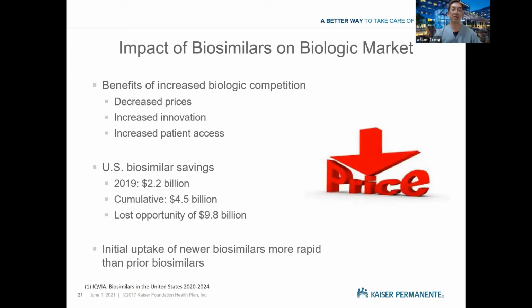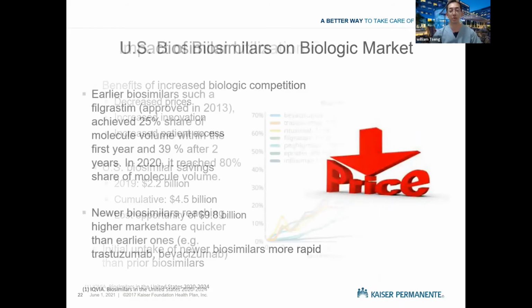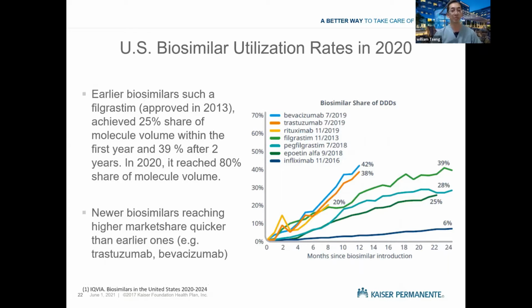And right now, the uptake of newer biosimilars seems to be much faster than that of prior biosimilars. So I think people are starting to understand what biosimilars are and how they work, and hopefully we can convince more people to consider biosimilars. The way you look at this graph is, the ones that started in 2016, so infliximab, you see the uptake through the years.